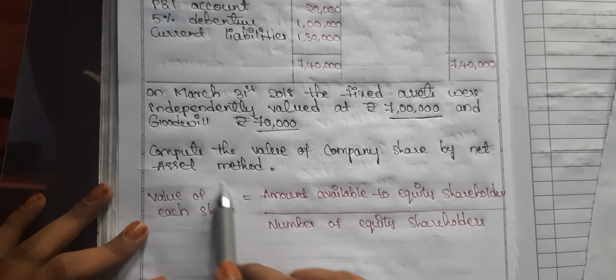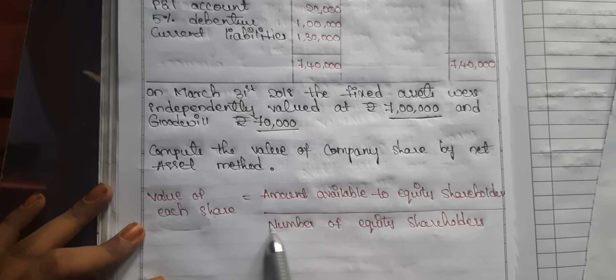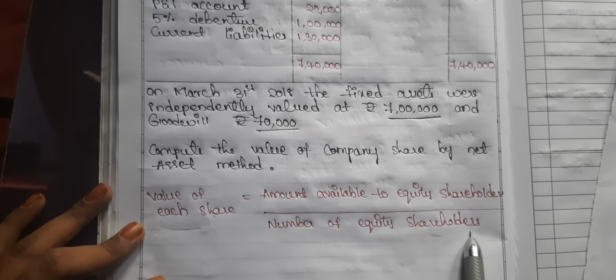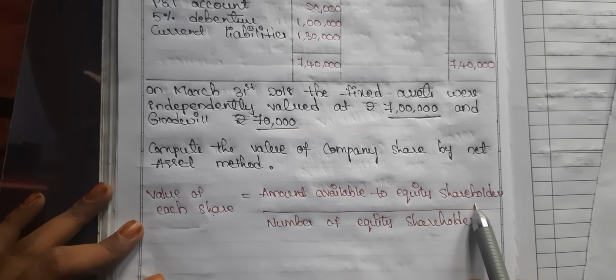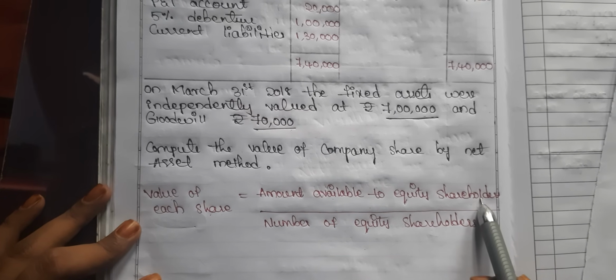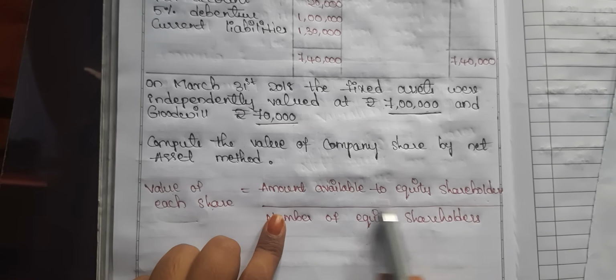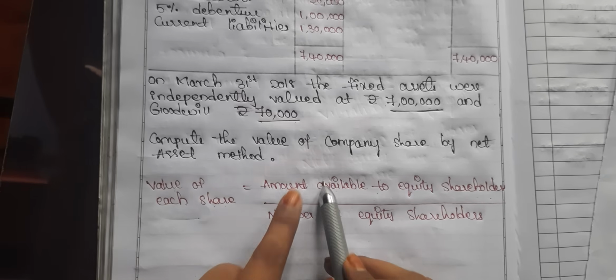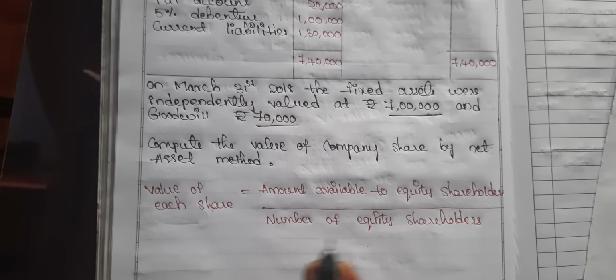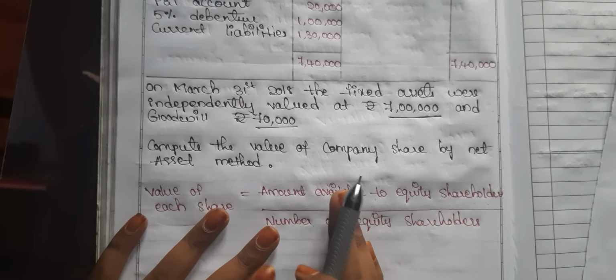Okay, the value of each share they will give you in the question. Number of equity shares they will give you in the question. You just need to find out the amount available to equity shareholders. After finding this, if you substitute the values into this formula, you will get your net asset value. Getting my point?